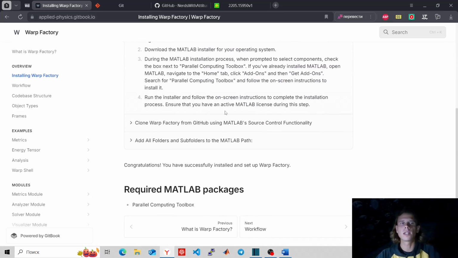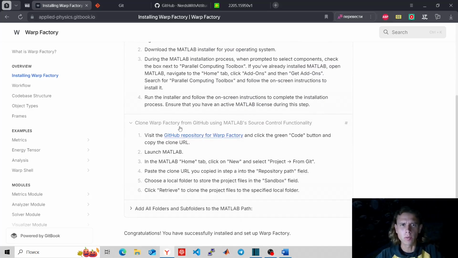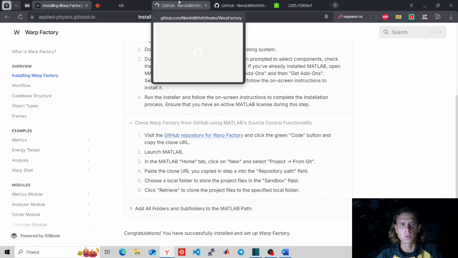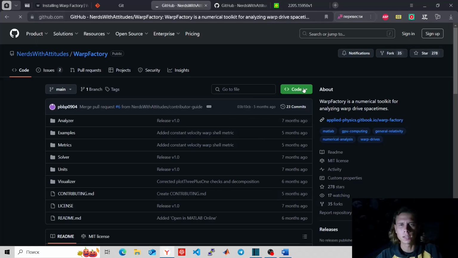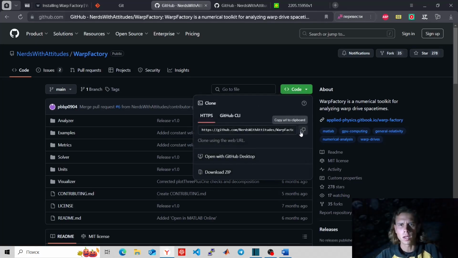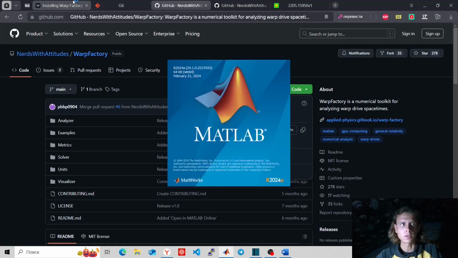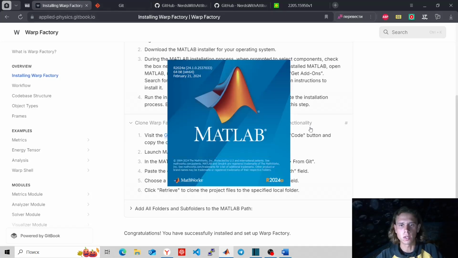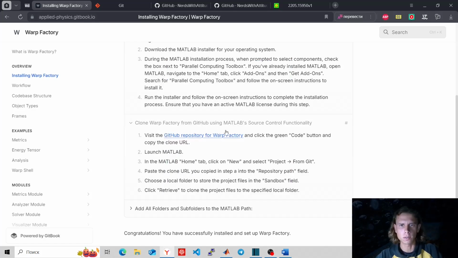Next we need to clone Warp Factory from GitHub, and for this you have to go through this link, press Code, copy this link, and go to your MATLAB. Right now it's launching.